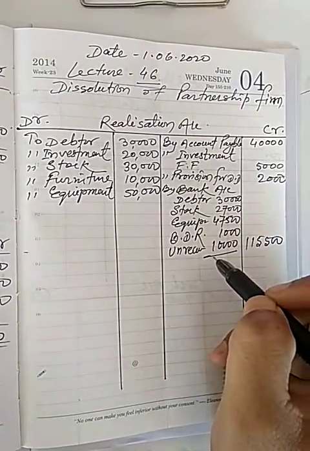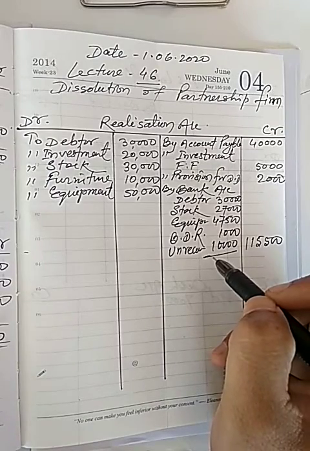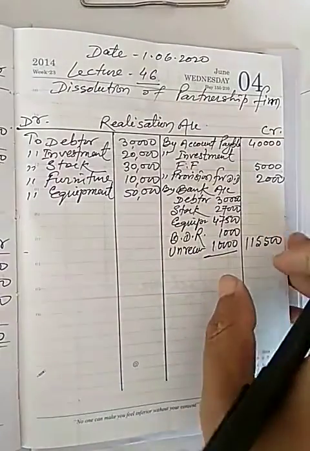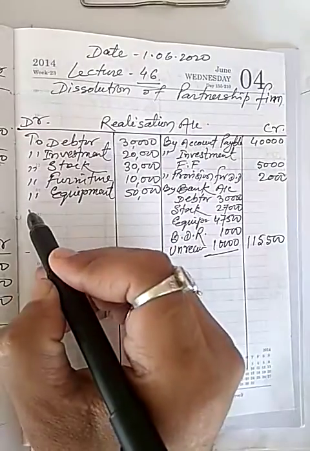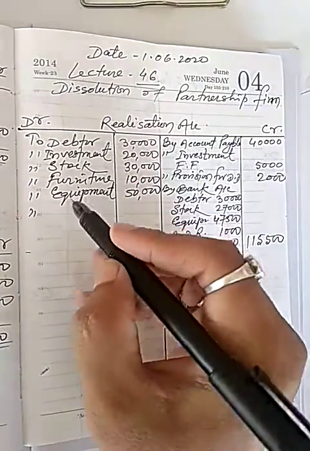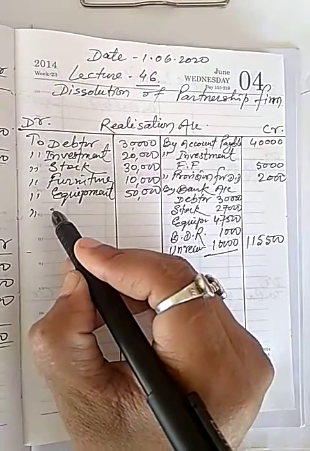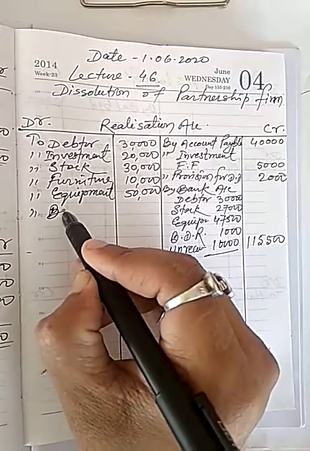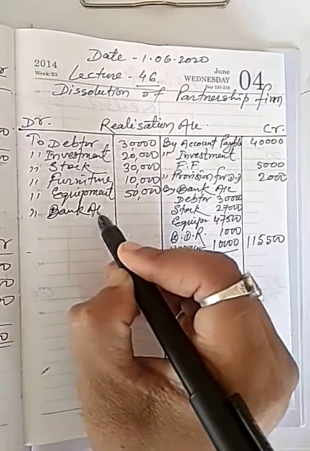And now in liability side, in debit side of realization account, I have to pay account payable, so it will come under bank account.